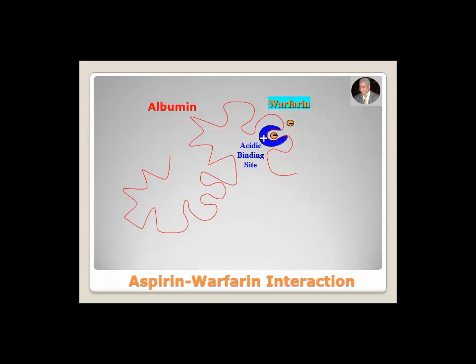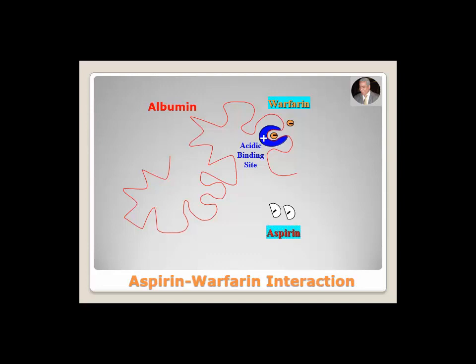This means that only 0.1% of the warfarin dose is free in the blood, and this very small fraction is the active part of the dose, while the albumin-bound part is inactive. When we give warfarin, we adjust the dose so that there are enough free molecules to achieve anticoagulation. We measure the anticoagulant state by a test called INR.